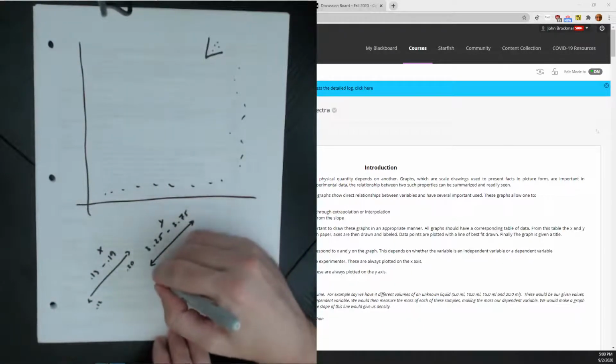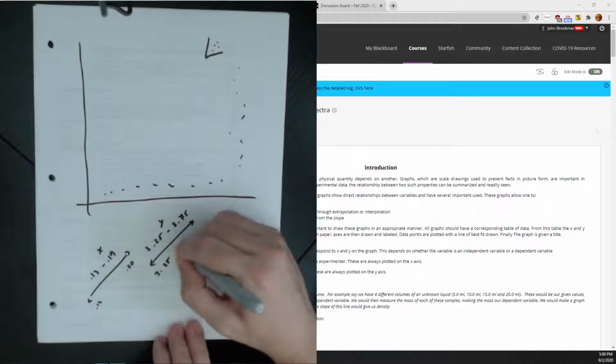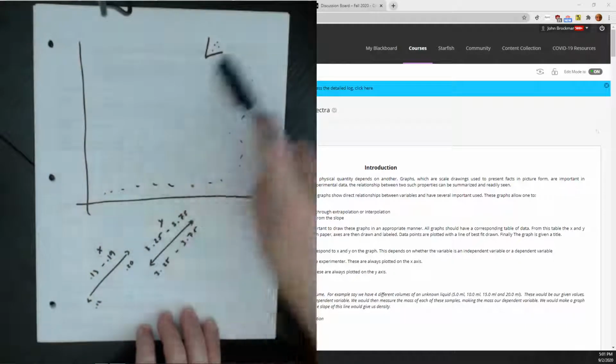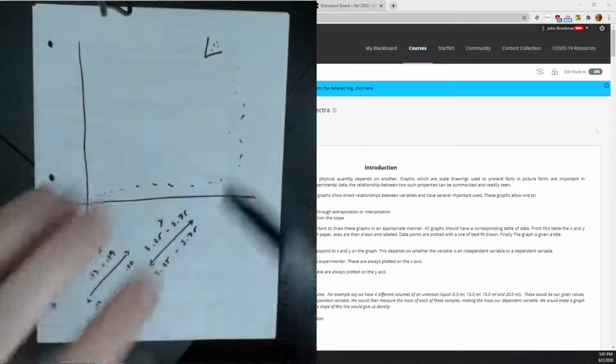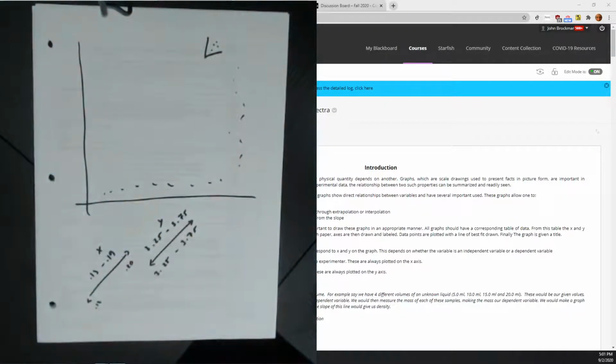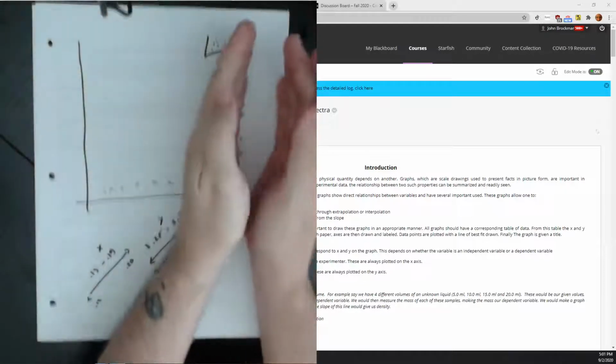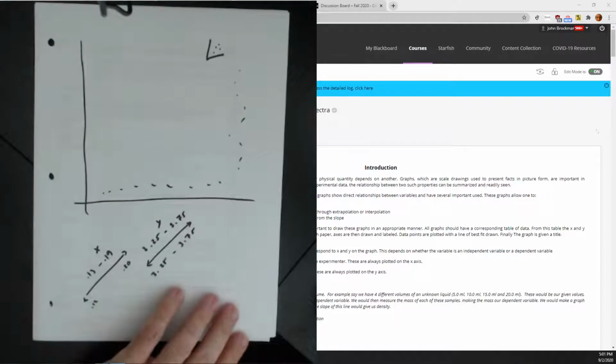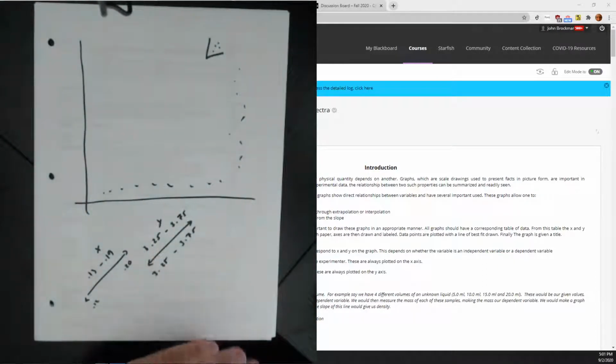Go ahead and just fill your graph as much as possible. I don't know what your data would be, but you want to use as much of the graph as possible. You don't want it all down here. You don't want it all down here in this corner. I mean, you're not going to use the entire graph because that's just not how data works.